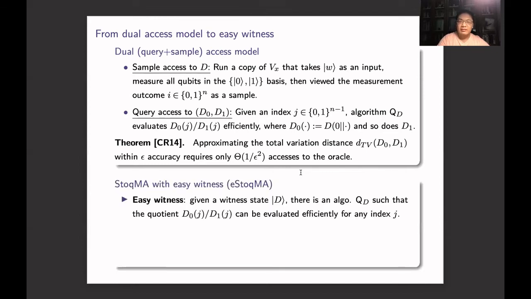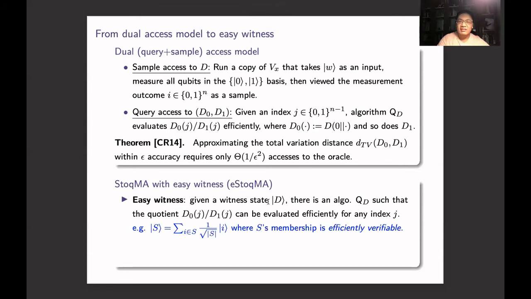So we are able to define StoqMA with easy witness. Easy witness is defined this way: given a non-negative witness state D, there is an algorithm QD such that the quotient D0(J) over D1(J) can be efficiently evaluated for any index J.